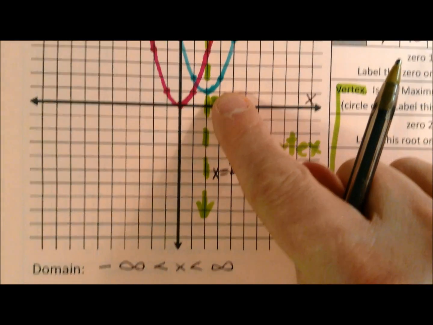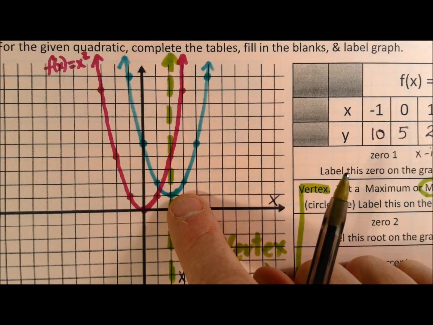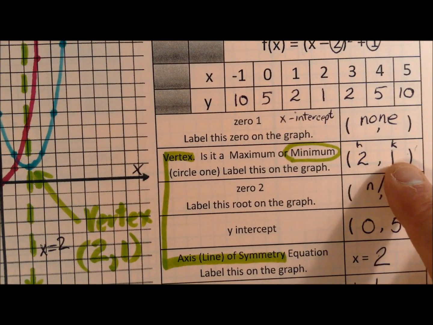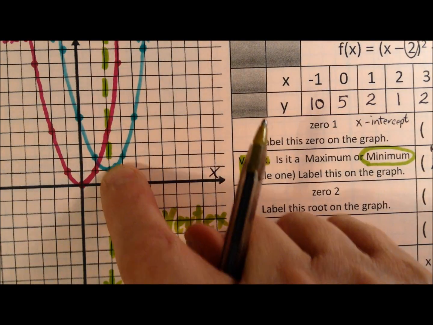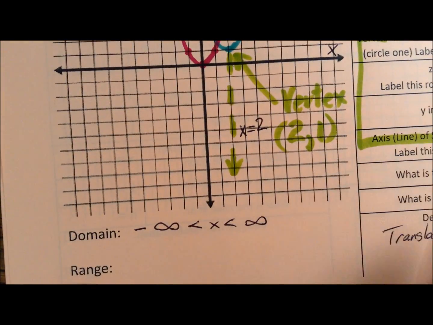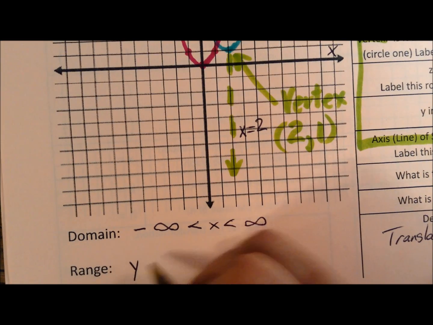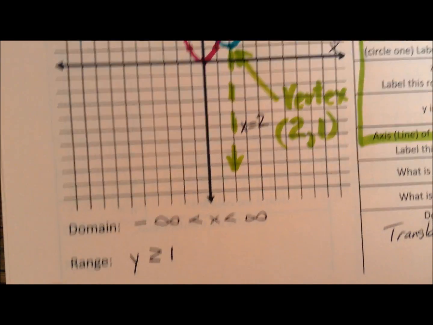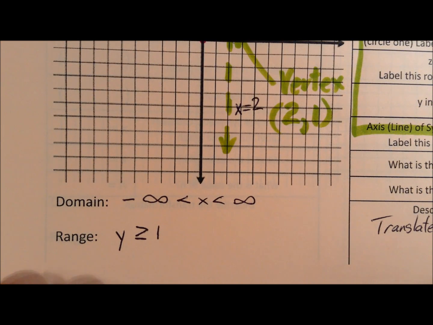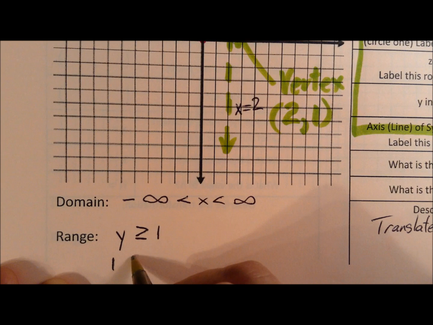So let's look at the range. I have a minimum point of what? Minimum point y value is a 1, and then everything else goes above it. So I have y that is greater than or equal to 1 for my range. And the other way I could do that is say that my low value is 1.